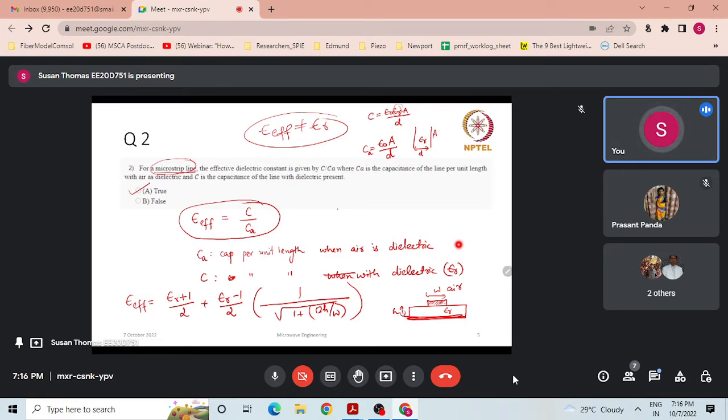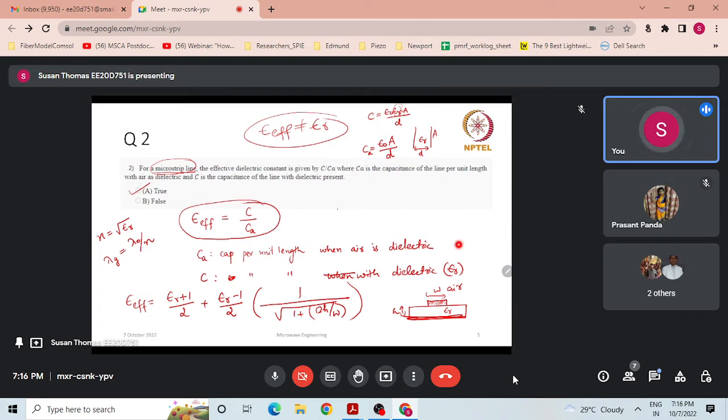To add to this, you all know that refractive index is square root of epsilon r. In terms of refractive index, say if you have a wavelength lambda g, that means the wavelength in the dielectric or wavelength in the medium, I can write it as lambda naught by n.